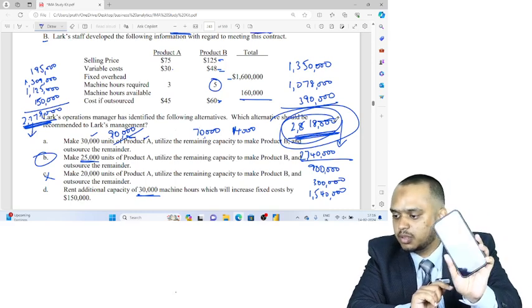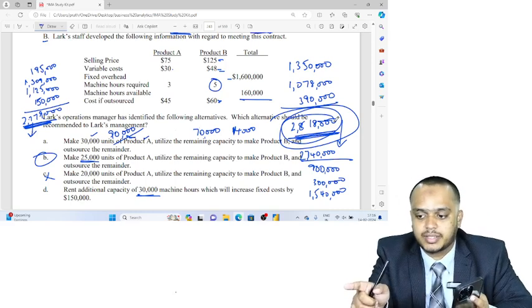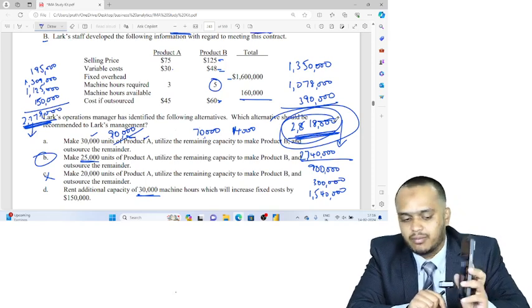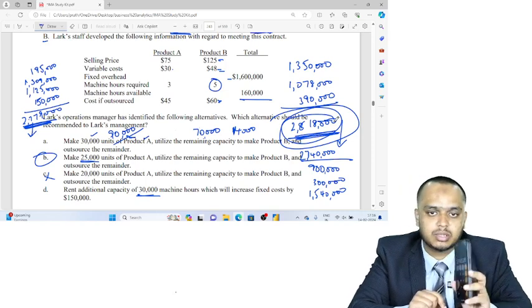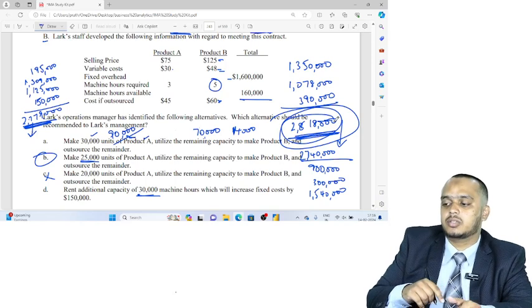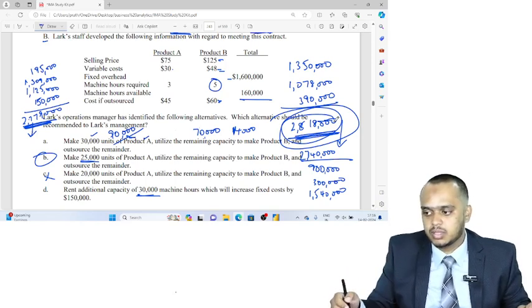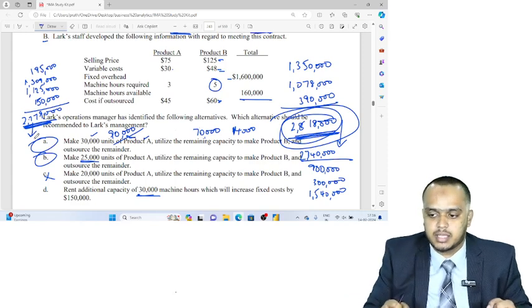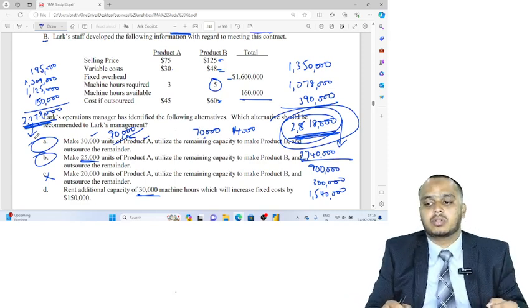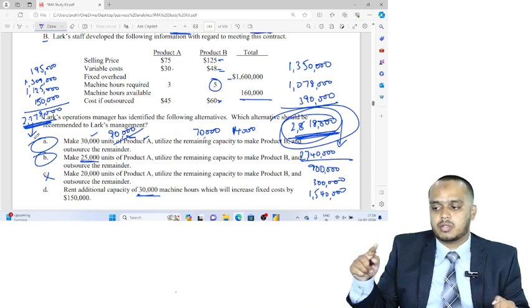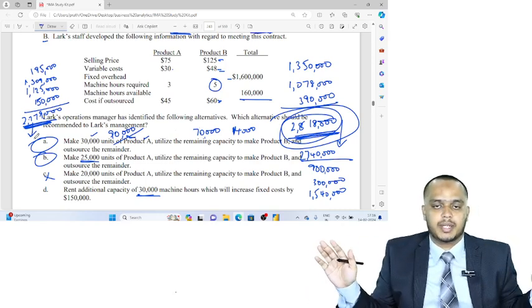Basically this much is the amount, but the fixed cost is increasing by 150,000, so minus 150,000 gives 2,740,000. So this is again less than that. So I would want to go with option number A, and that is my answer, which is produce 30,000 of product A and remaining capacity to product B and outsource the remainder.